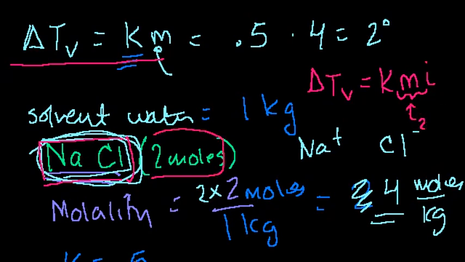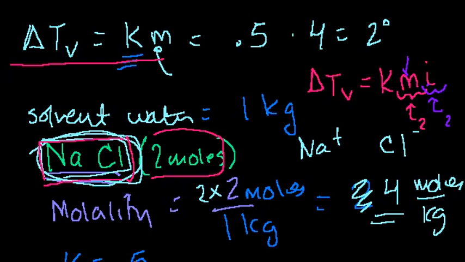And i is the number of particles that it dissociates into. In this case, this would have been 2, and that's where we get 4 times K, which is 0.5, which is 2. In the case of the glucose, m would still be 2, but it only turns into 1 particle in water, so i would be 1. So you'd only have a 1 degree increase in the boiling point of water.